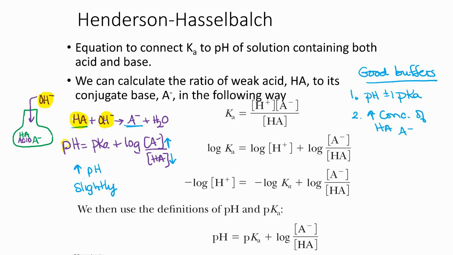So to give you an impression of what I mean, you might want 2 molar HA and 2 molar A minus. That's a better buffer than if these were really dilute. Both of these buffers, pH equals pKa because they're equal in concentration, HA to A minus.